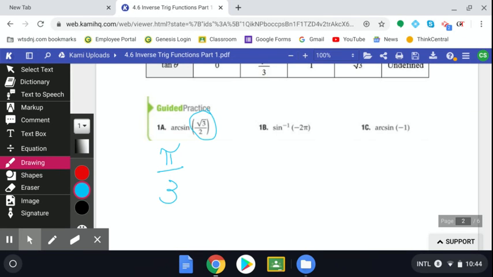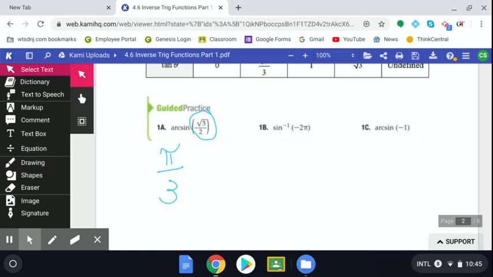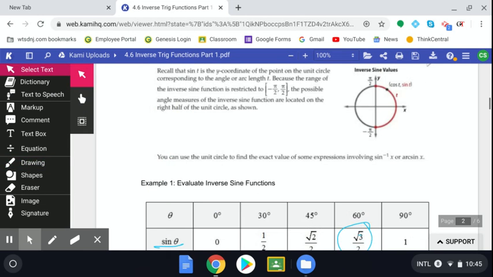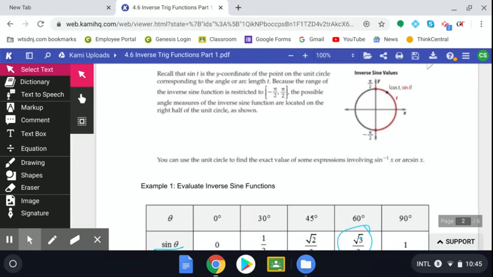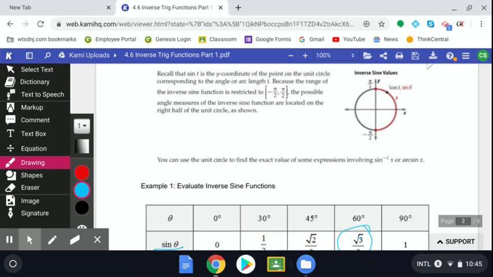Okay? Now, for the next question, 1b, it's asking which angle has a sine value of negative 2 pi? Well, the problem is that negative 2 pi is not between negative 1 and 1. So because it's not between negative 1 and 1, it means it does not exist.